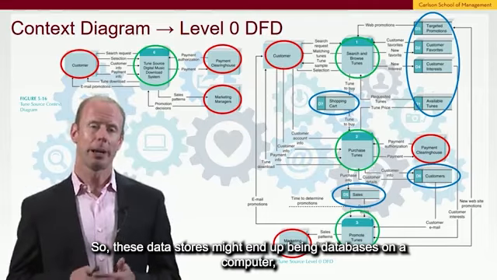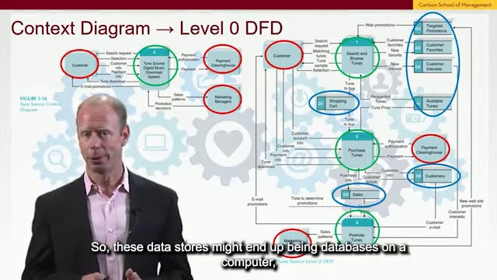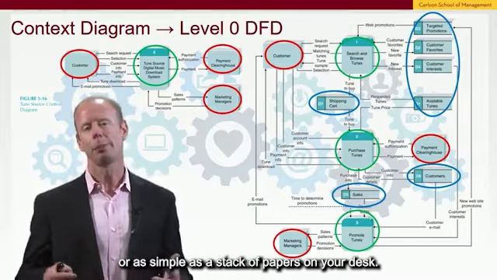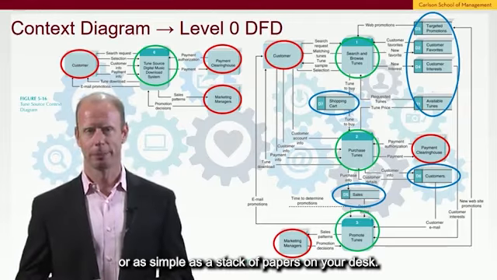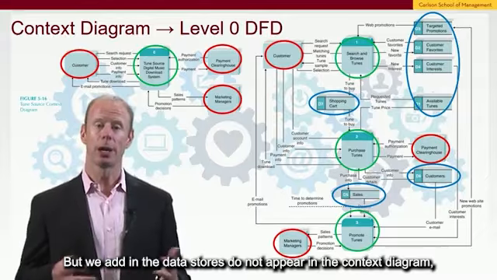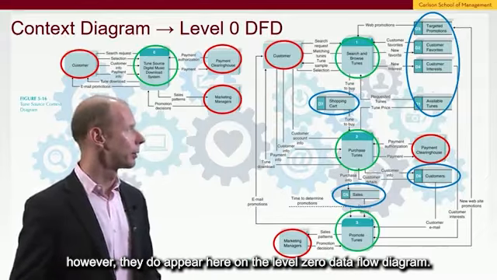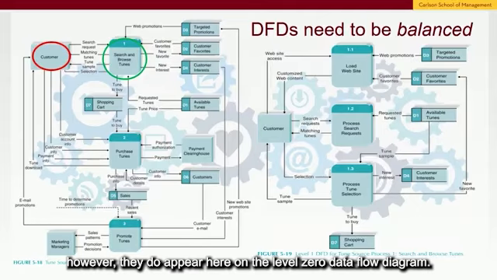So these data stores might end up being databases on a computer, or they might be, like I said, files in a filing cabinet, or as simple as a stack of papers on your desk. But we add in the data stores, which do not appear in the context diagram. However, they do appear here on the level 0 data flow diagram.